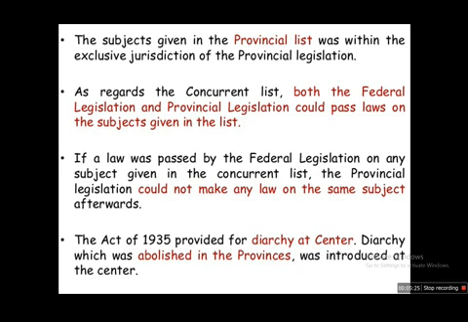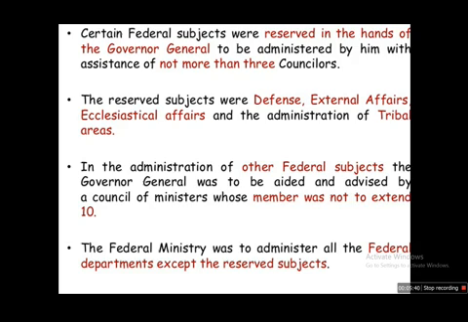The Act of 1935 provided for diarchy at the center, and the diarchy which was abolished in the provinces was introduced at the center. Next, certain federal subjects were reserved in the hands of the Governor General to be administered by him with the assistance of not more than three councilors.